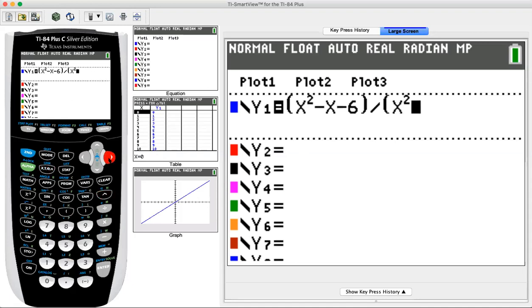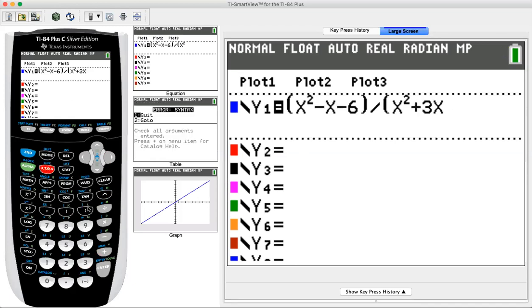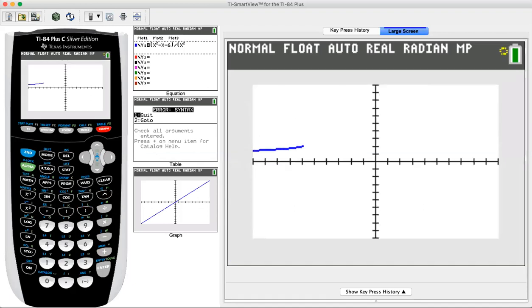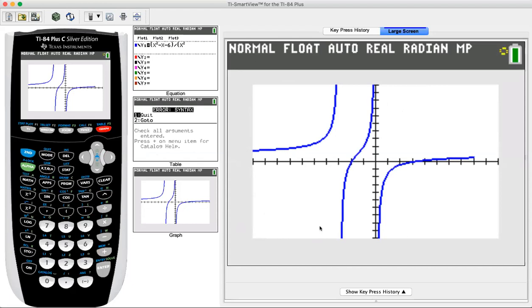Don't forget the parentheses if you put it this way, plus 3x, and close the parentheses. And then let's draw the graph. As you can see, our graph is very similar to what they have. So you can always use your calculator to check your answer.